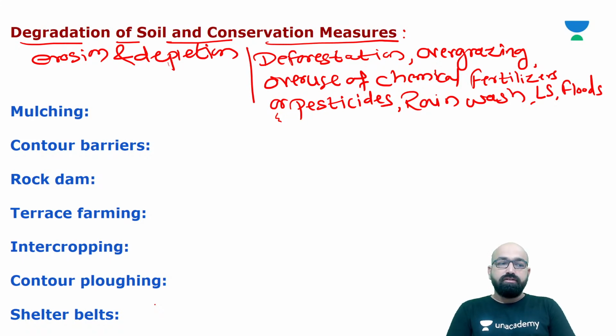Now, first, we will see mulching. The bare ground between plants is covered with a layer of organic matter like straw.